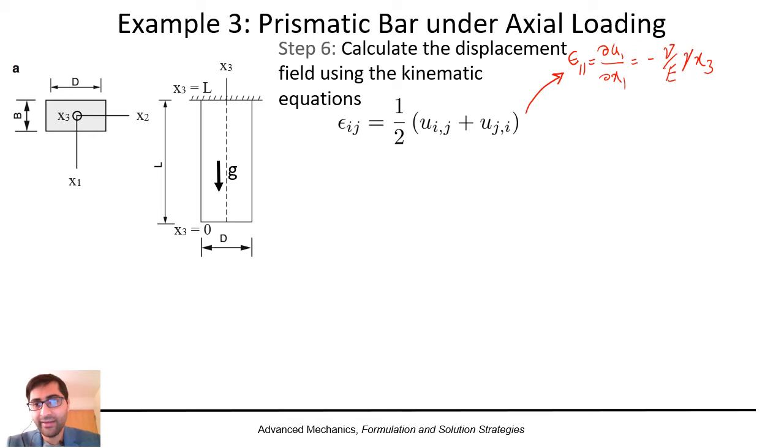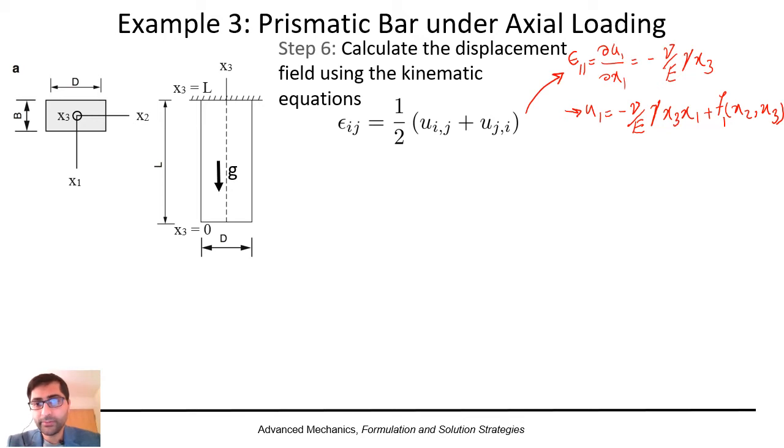So if I integrate that with respect to x1, I get u1 equal to minus nu over E gamma x3 x1 plus a function of x2 and x3. Again, it's a constant, but can be a function of x2 and x3.